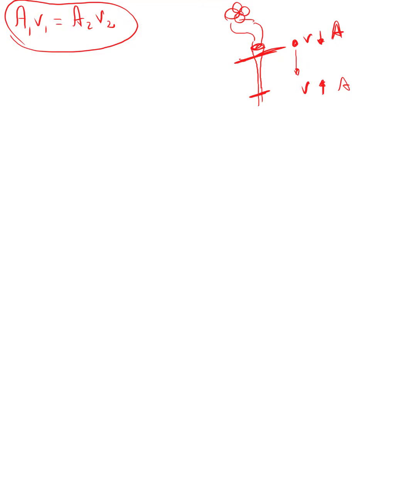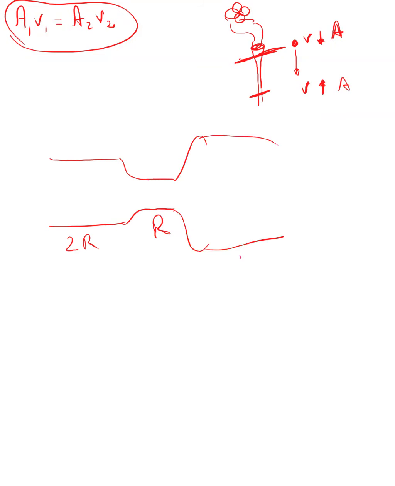There is also a picture of a pipe on the bottom right corner. That pipe looks like this. It starts with a wide section with a radius of 2r, followed by a narrower section of radius r, followed by an even wider section of radius 3r.